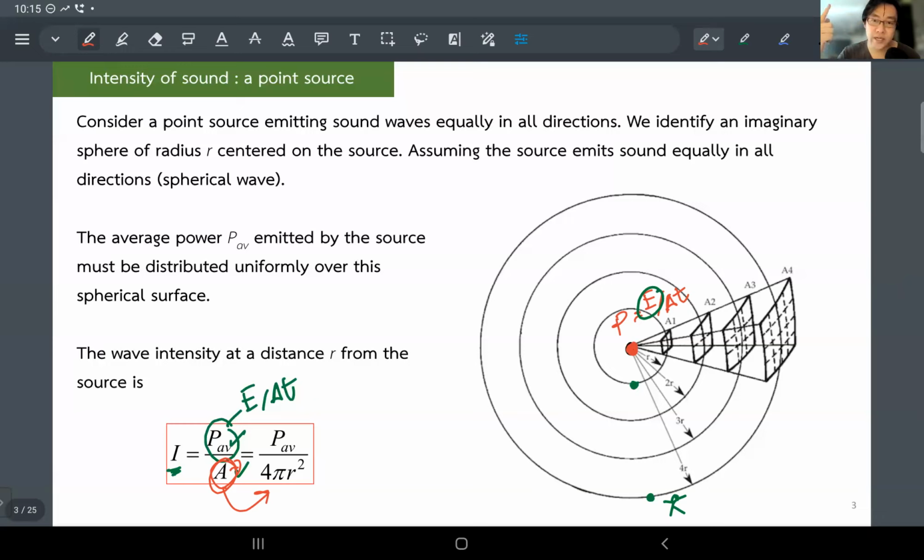Not directly proportional yet, but the larger the intensity, the louder the sound. And now you can see that it's a 1 over r squared factor, so that's how it gets quieter over distance. When we say quiet or not, we might have something else for this, but at least if we talk about intensity, then it's a 1 over r squared factor. So that's the conclusion.